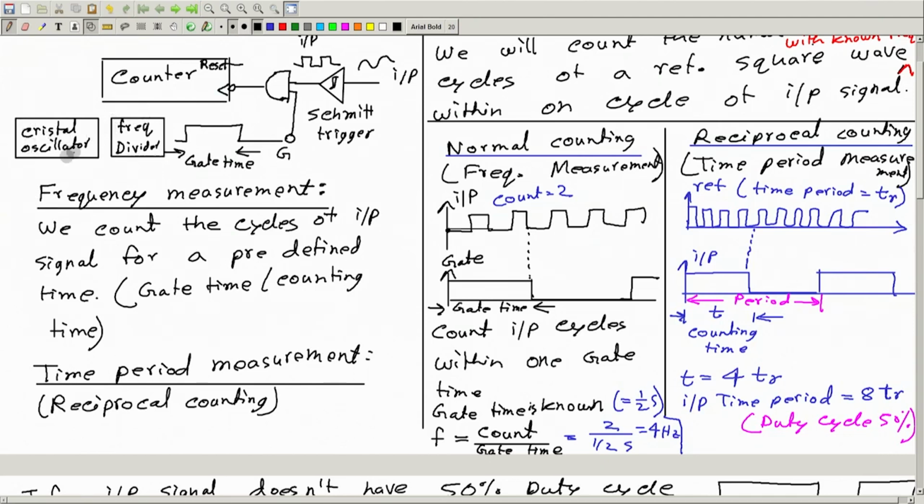Say this crystal oscillator has a frequency of 1 megahertz, that means the time period is 1 microsecond, which is too small.